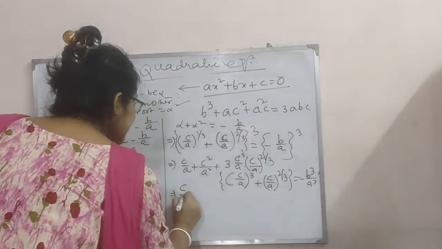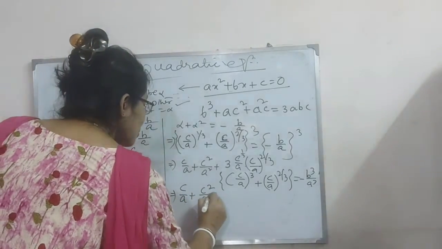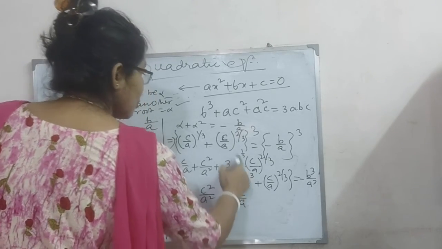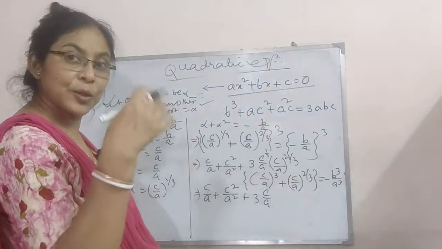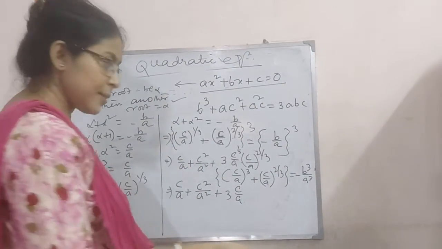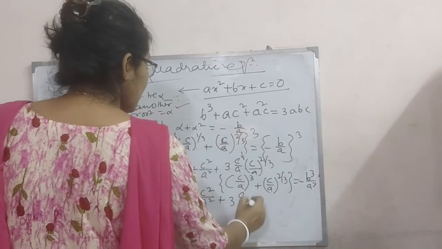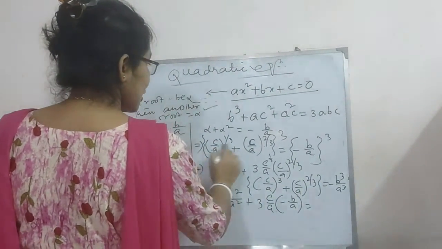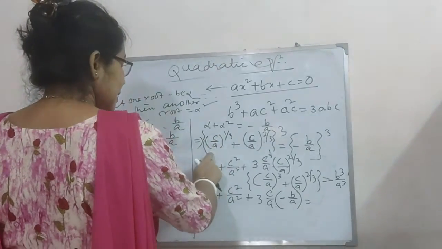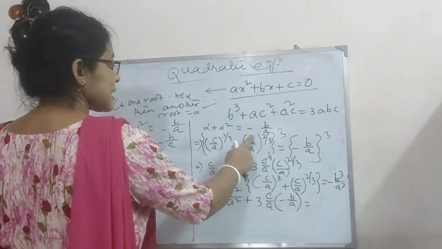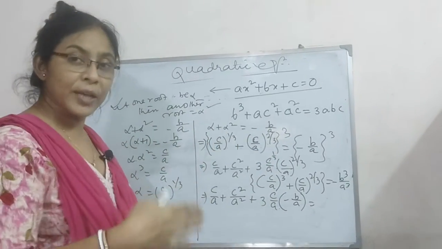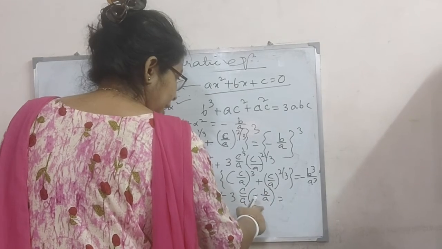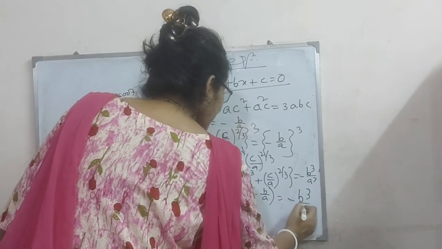From here I will write c by a plus c square by a square plus 3, with the exponents 1/3 plus 2/3 equal to 3 by 3 equal to 1, and this equals minus b by a, which gives b cube by a cube.